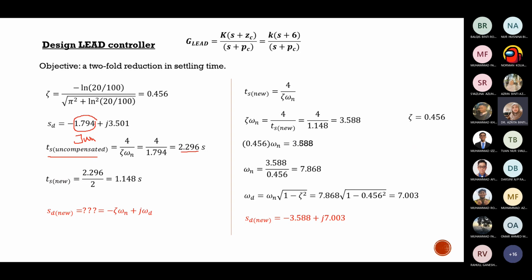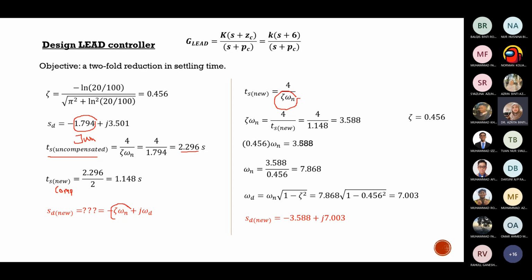After that, we can calculate the TS compensated, or TS new. Same values, TS new or TS compensated divided by 2. And then from the value of TS new, we can obtain the value of zeta omega n, same as the PID and lead compensator.